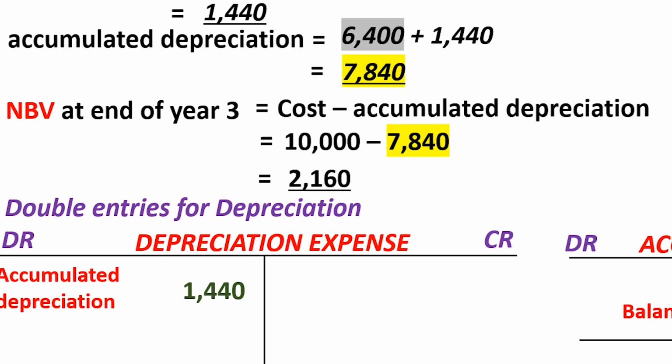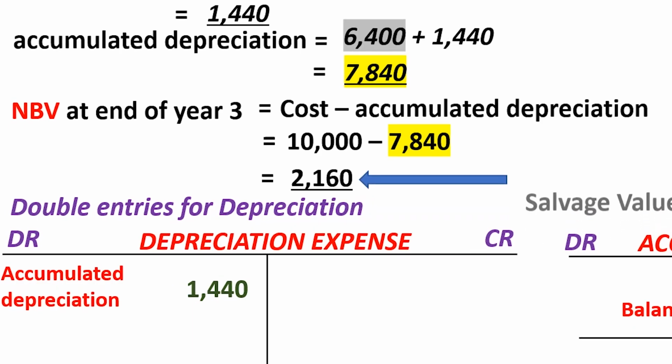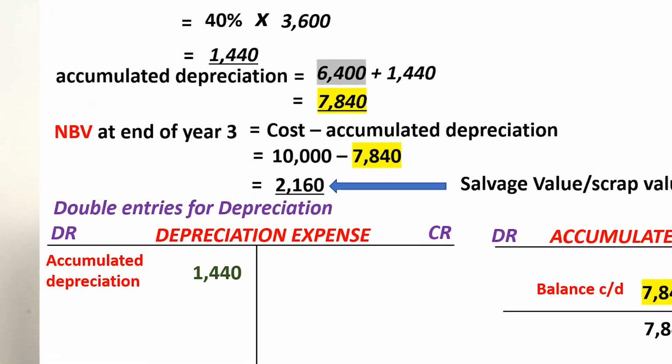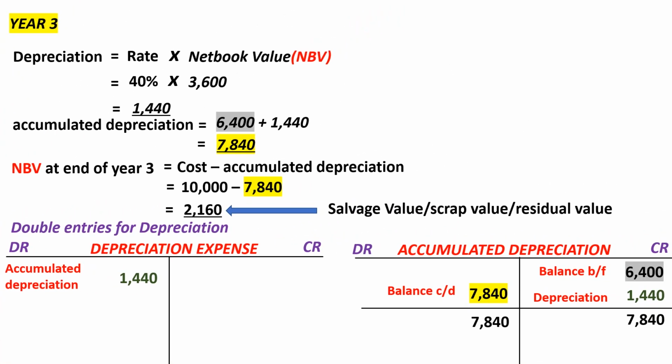So we have been able to depreciate this fixed asset over the 3 years, and we have ended up with that salvage value of 2,160.